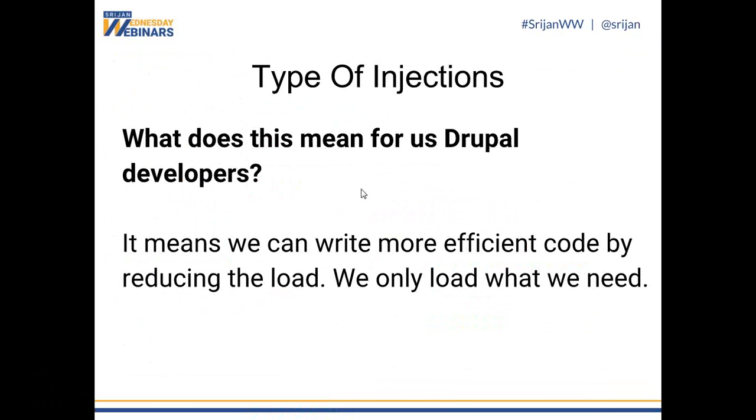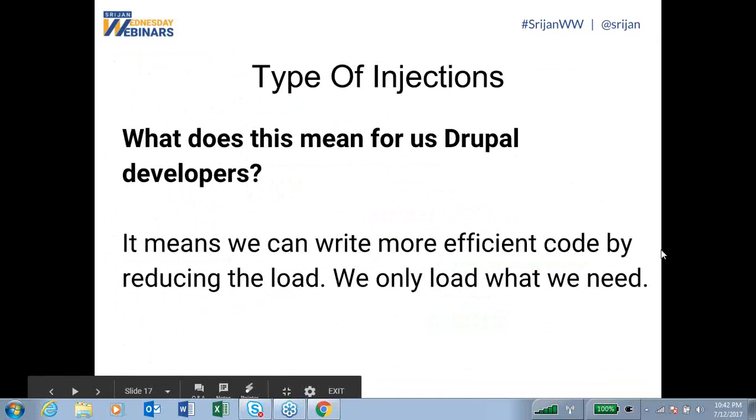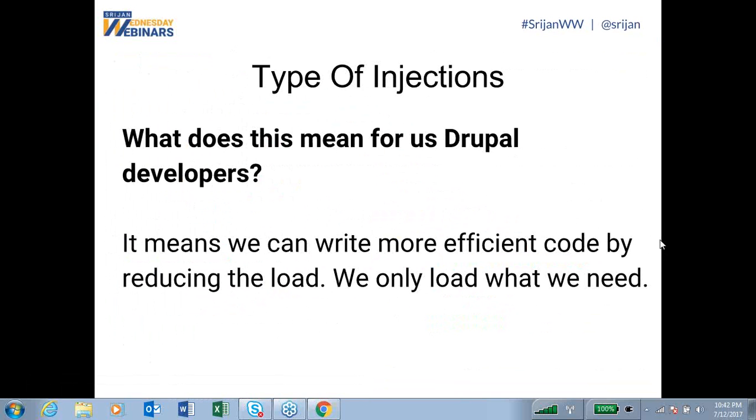What does this mean to a Drupal developer? The focus should be writing efficient code, reducing the load. We only load things that we want. I'll cover this in a further section, as to how we use things whenever we want them.